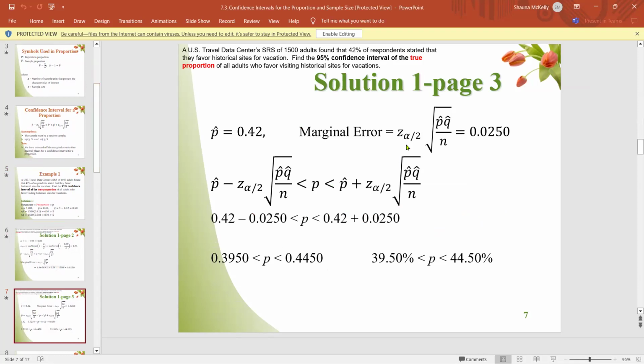She didn't show the plug-ins here, but this is 0.42, 0.58. N is 1,500. Z sub alpha over 2 is 1.96 because it's a 95% confidence interval. And then she shows you how it's formed there. I just wanted to show you that example. I'm going to switch screens.